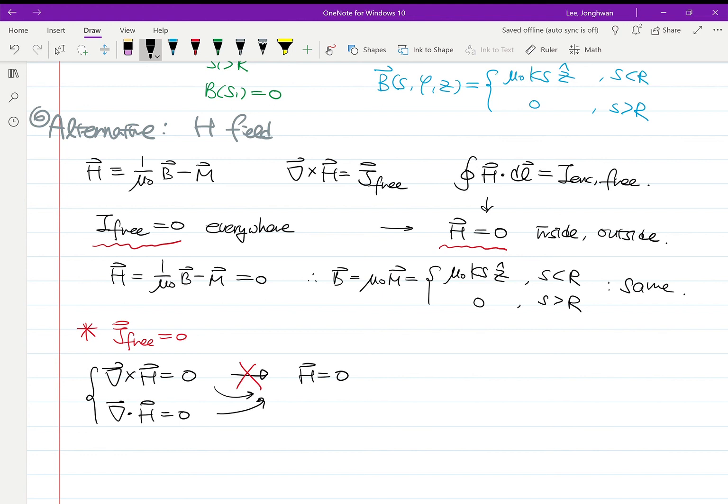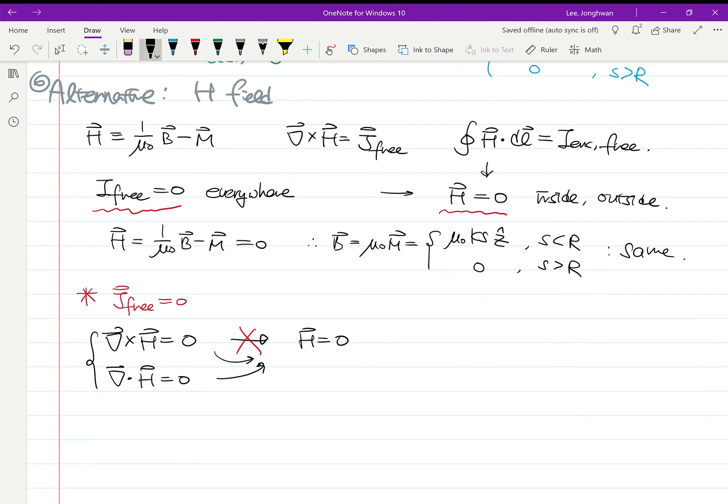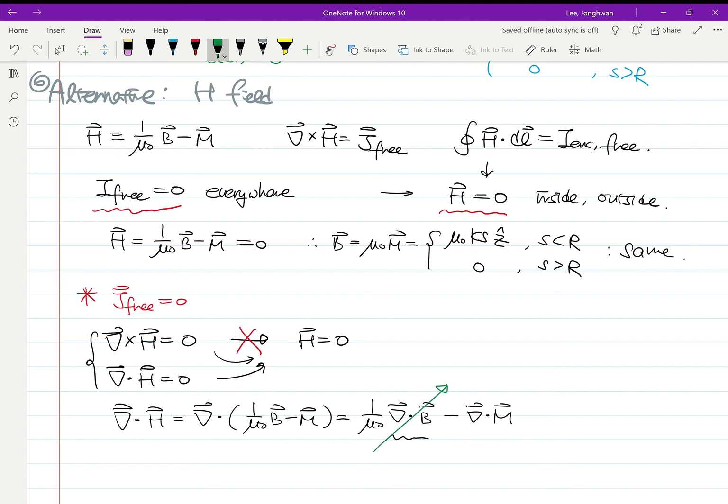So to be more accurate mathematically here, you have to examine what the divergence of H is in this question. Then the divergence of the H field will be like this: the divergence of B over mu naught minus the divergence of M. The divergence of B becomes 0 because there's no magnetic monopole; it's always 0 by the other Maxwell's equation.